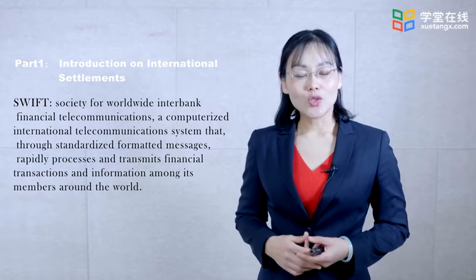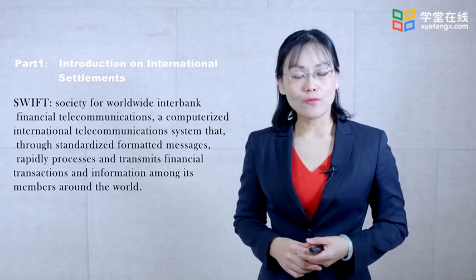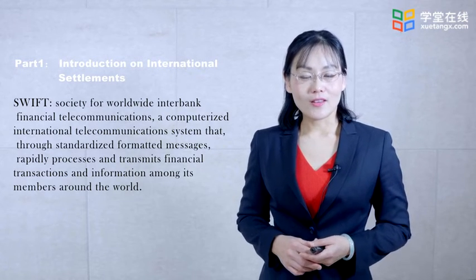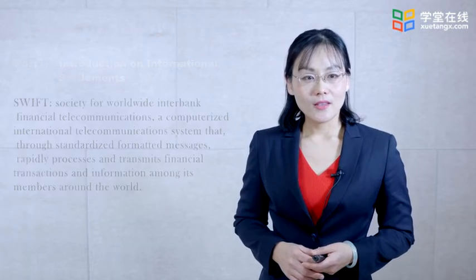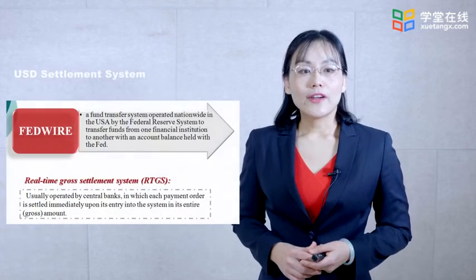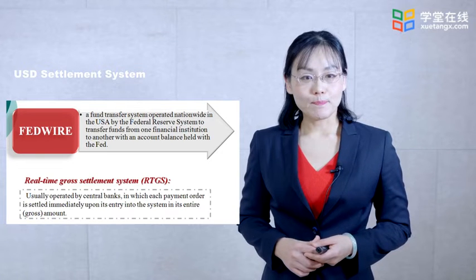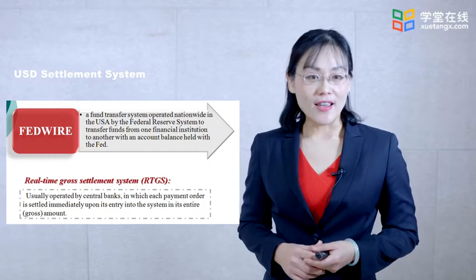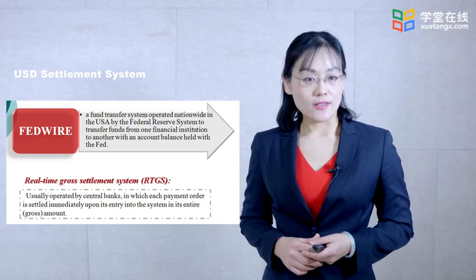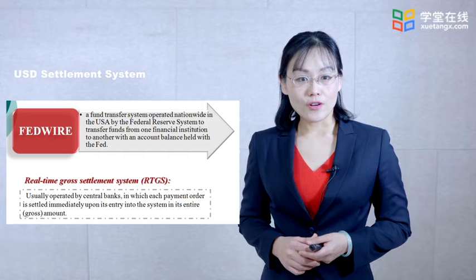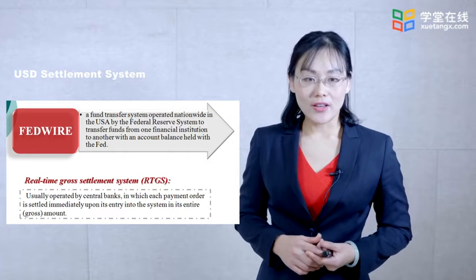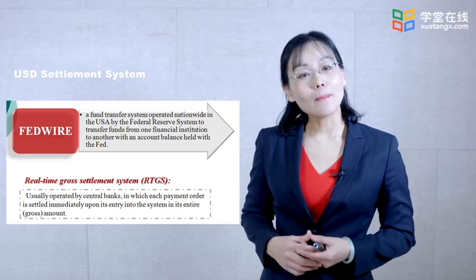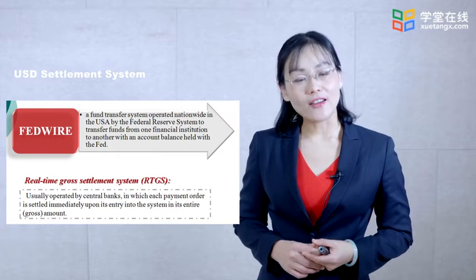Next, we'll illustrate two clearing systems for US dollar. One is Fedwire, and the second is CHIPS. Fedwire is a fund transfer system operated nationwide in the USA by the Federal Reserve System to transfer funds from one financial institution to another, both with an account balance held with the Fed.